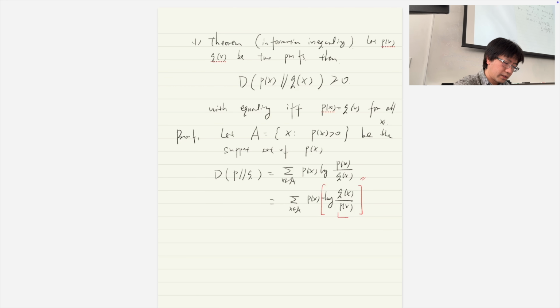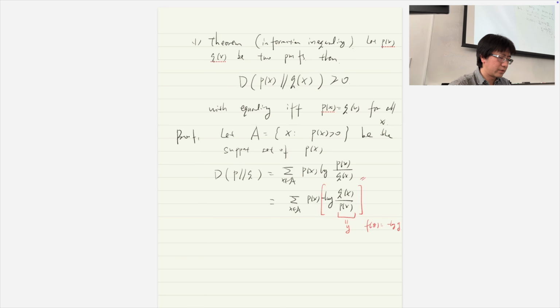Let's denote this term as, for example, y, and then we want to study the function f(y) equals minus log y. Here log just means log, it's easier to write this. So minus log y is convex, because log y is concave.